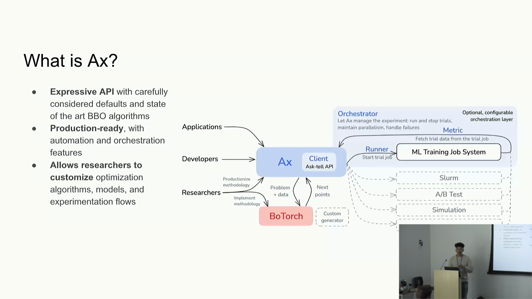On the back end, Ax can also handle this orchestration for you, deploying trials, reading metrics from sources, and handling that entire closed loop. And it's platform agnostic. You can send this off to AWS, you can send this off to Slurm, you can read from TensorBoard, you can read from SQL tables, whatever you need.